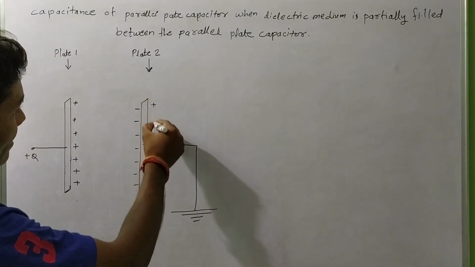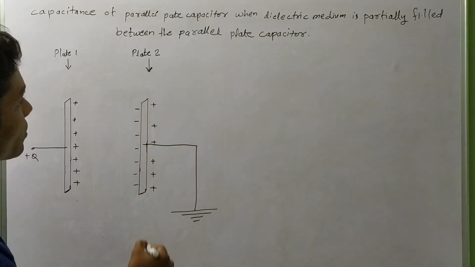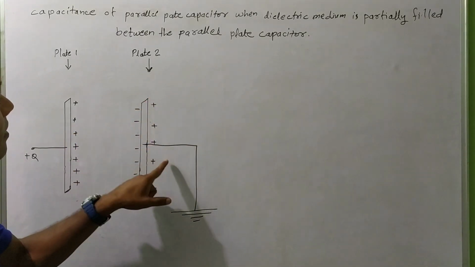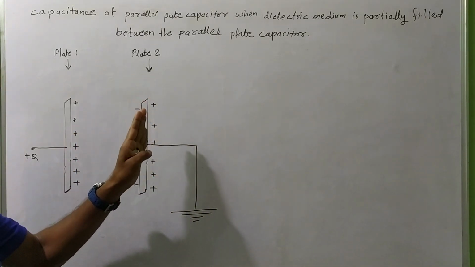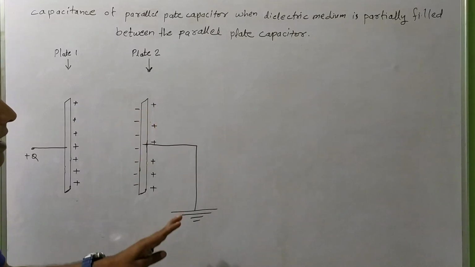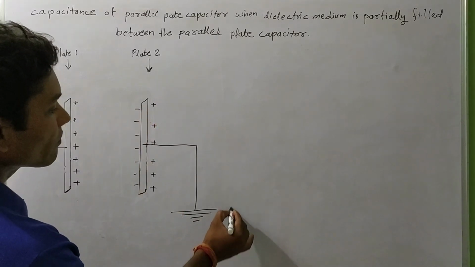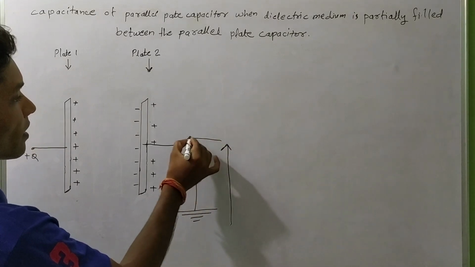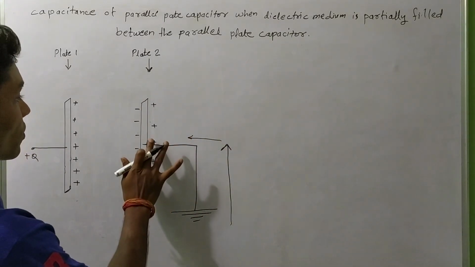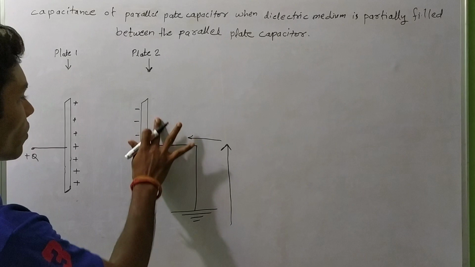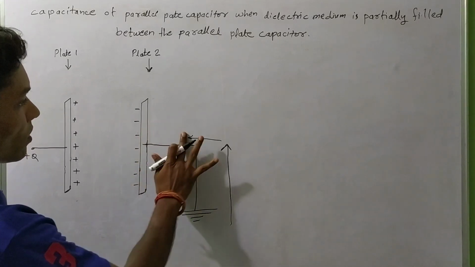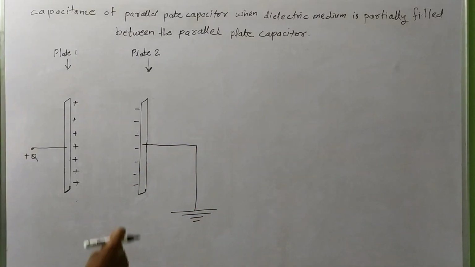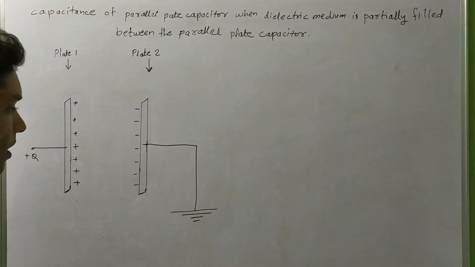Then this positive charge on the second plate will be neutralized by electrons coming from the earth. So here there will not be any charge.